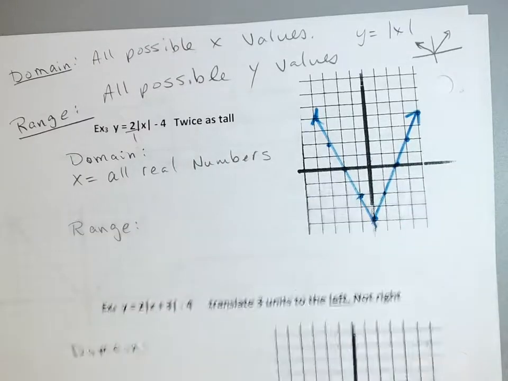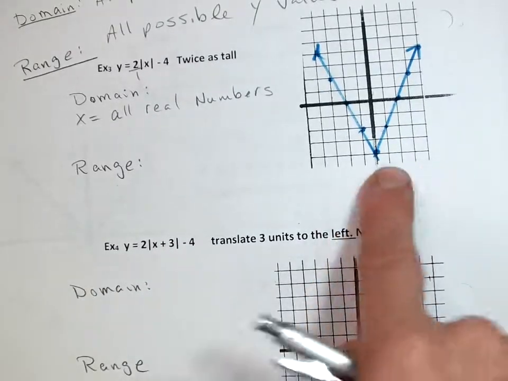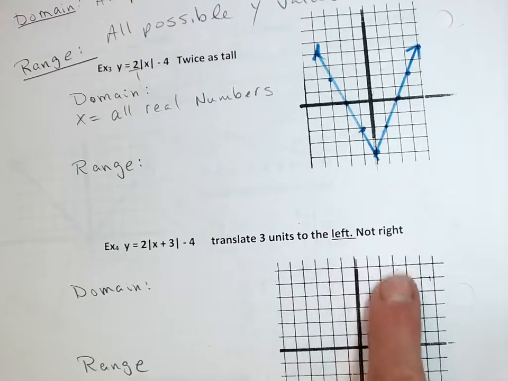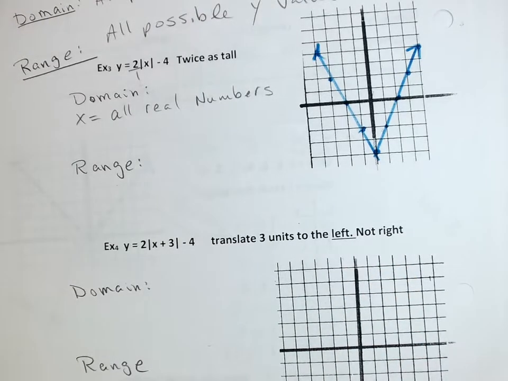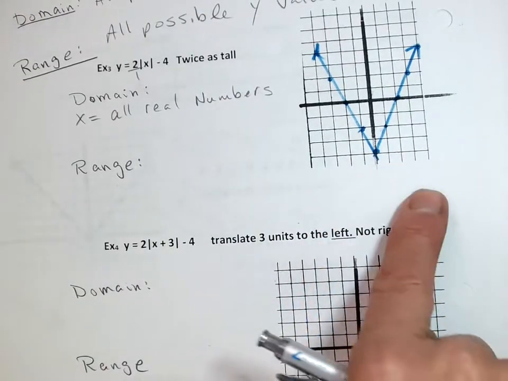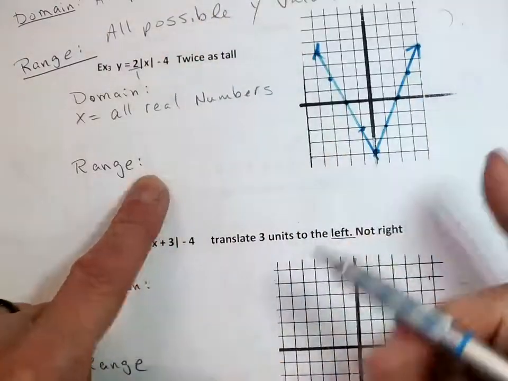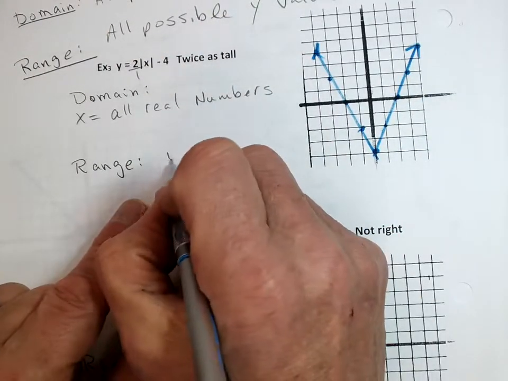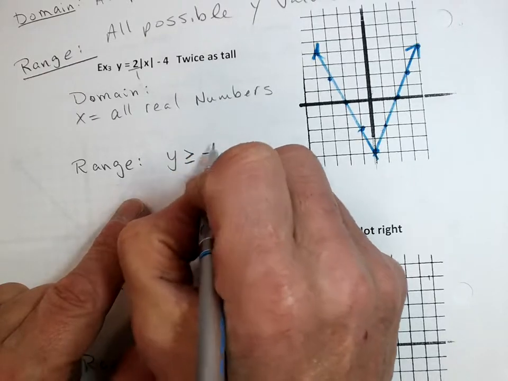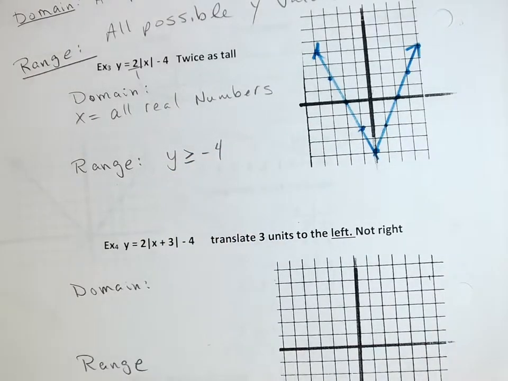But the range is different. There's nothing down here. The graph does not exist down here as far as height. Reach for your range, right? There's no graph down here at all, so the range just starts at -4 and goes up, right? The range is your y, so we're going to say y is greater than or equal to -4. That's the range. Okay? Start at -4 and go up.